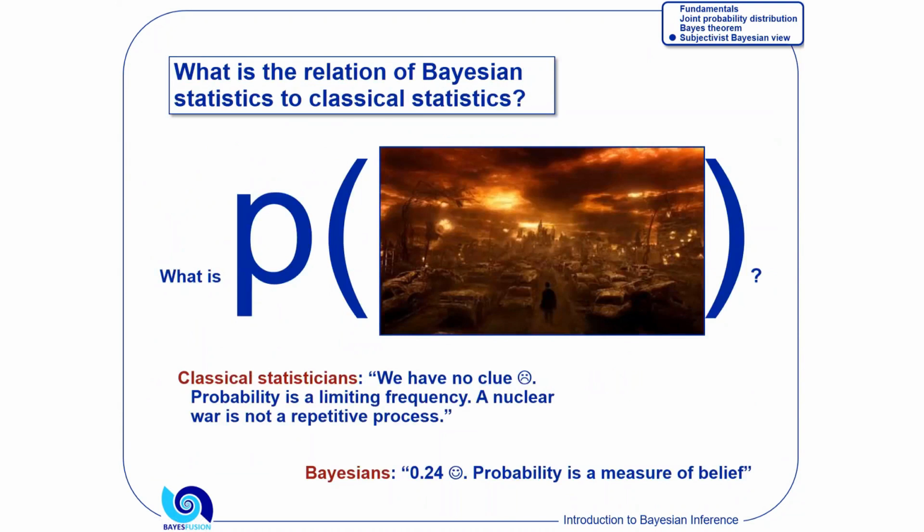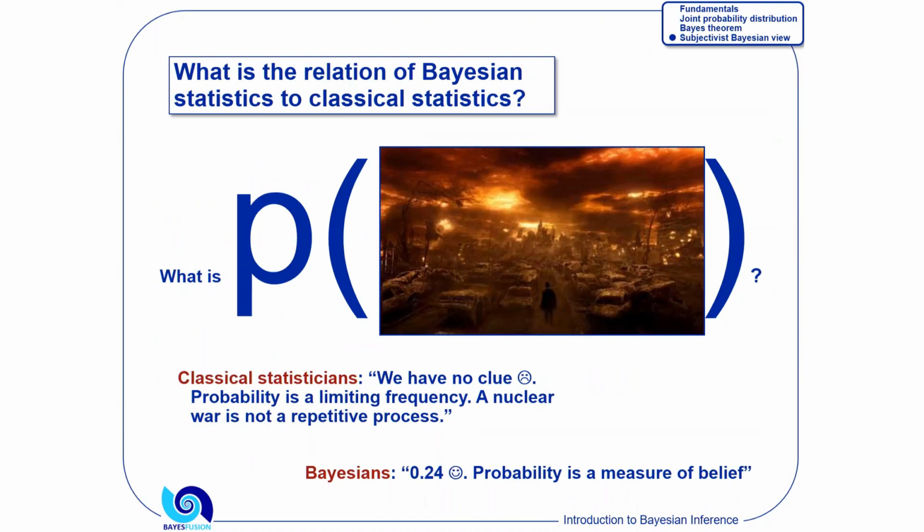So now, when you ask a statistician, what is the probability of a nuclear war? A classical statistician will say, sorry, it's a very bad question. I cannot answer it because probability is a limiting frequency. That's the definition of classical probability. So I have no clue. A nuclear war, I cannot even imagine it to be a repetitive process, so I cannot tell you.